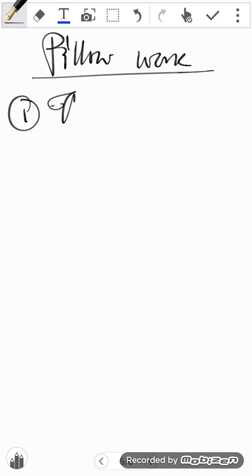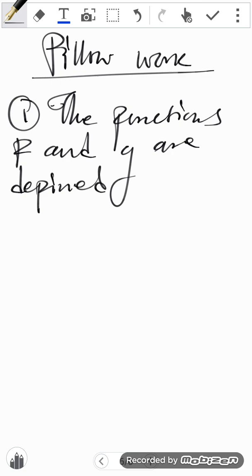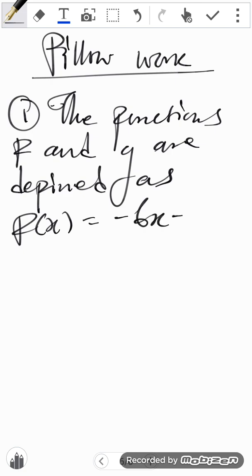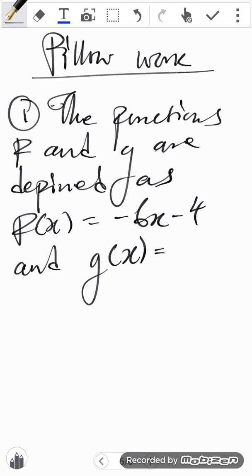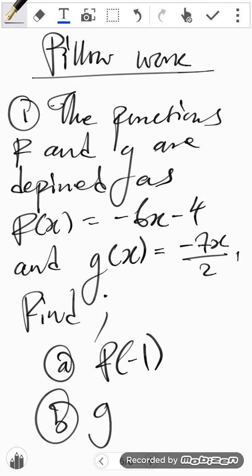So let's say the functions f and g are defined as f of x is equal to -6x minus 4 and g of x is equal to negative 7x over 2. Find f of negative 1, and finally g of 3.